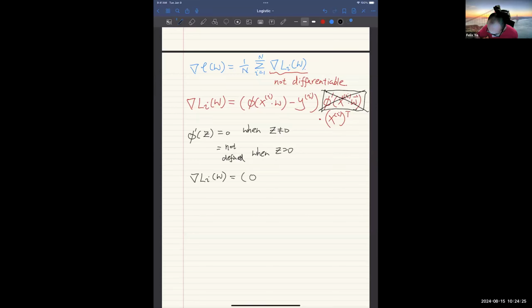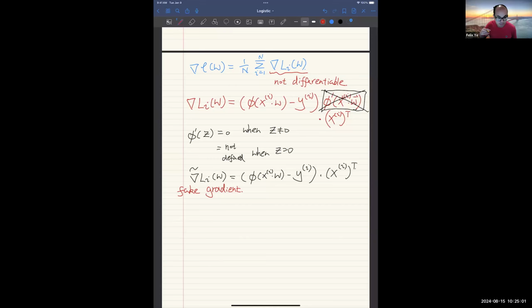So I'm just using the first part and the third part, and completely get rid of the second part. This is your fake gradient. We call it the fake gradient.